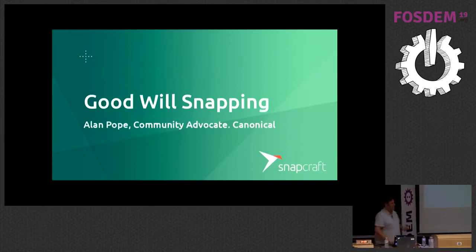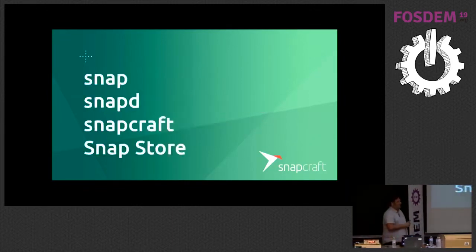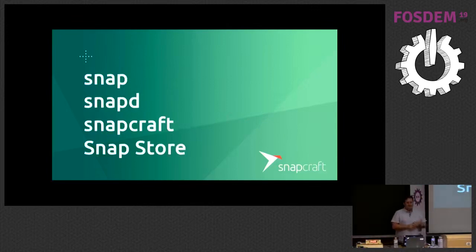There's some other terminology that I want to cover, because it gets a little bit confusing sometimes. Snap is both the command line utility that you use to manage your applications, and it's also the package format. Snapd is the background service that manages the installation and service runtime and all that kind of stuff when you install snaps and remove snaps.